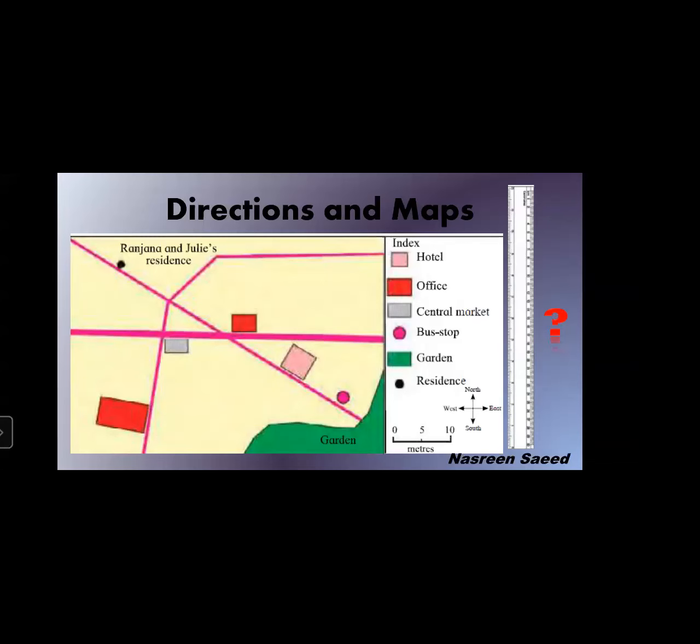But it is 9 centimeter according to my scale. Now this 9 centimeter, I have to convert it into meters. Now how I'll convert into meters? 9 into 5 meter, because the scale is of 5 meters. 0, 5, then 10. So 5 meter. So 9 centimeter into 5 meters. The distance from Ranjana and Julie's residence to the garden is 45 meters.